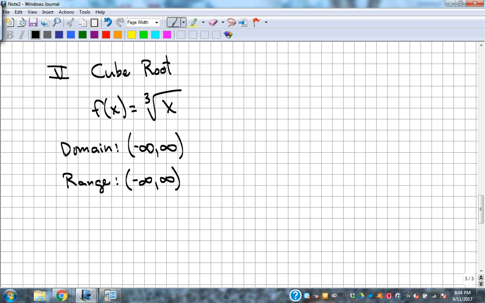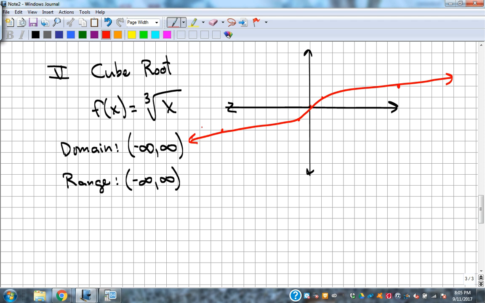The graph of it really does just take the cubing function and lay it on its side. That's all it does. Real simple.